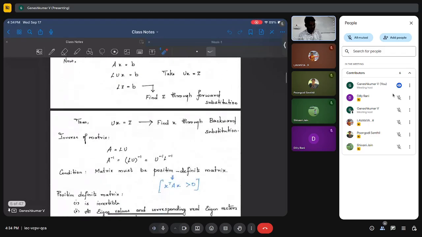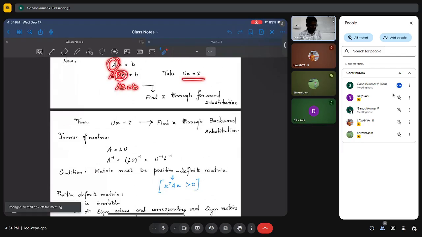So the whole idea is to decompose A into L and U, and once you decompose, you can write Ux to be Z, so it becomes Lz equal to B, and since L is a lower triangular matrix, you can do forward substitution, and since U is an upper triangular matrix, you can do backward substitution.